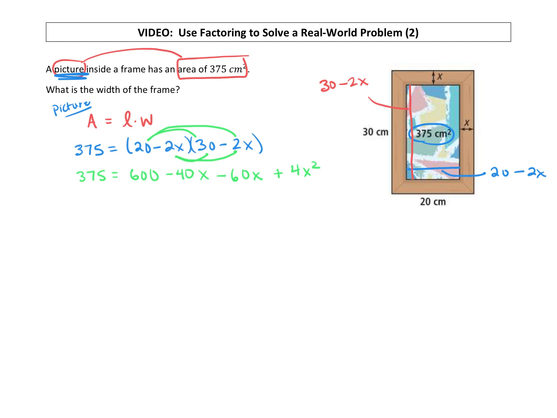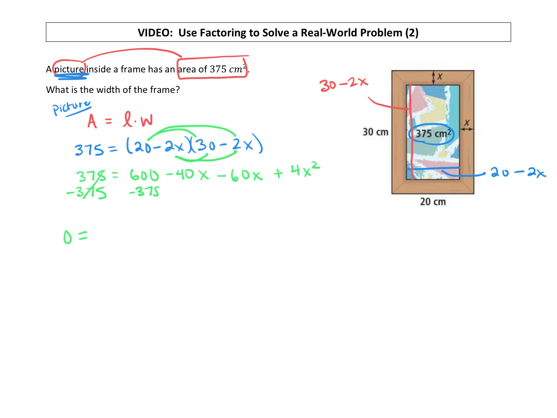All right, so I'm going to do a couple things all together. We do want to set our equation equal to 0, so we're going to subtract 375. I'm going to subtract it from its like term over here. That gives us 0 equals. Now when I rewrite all of this, we're going to combine like terms, but I also want it in the proper order, which means I want the x squared term first.